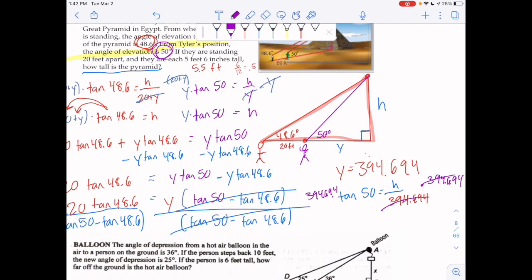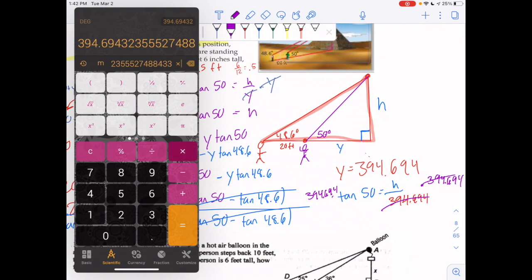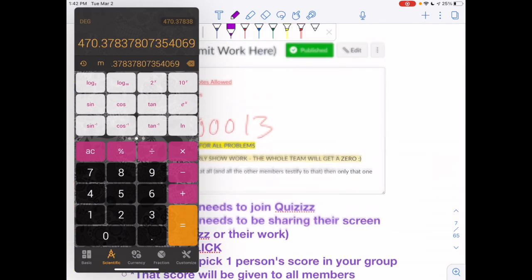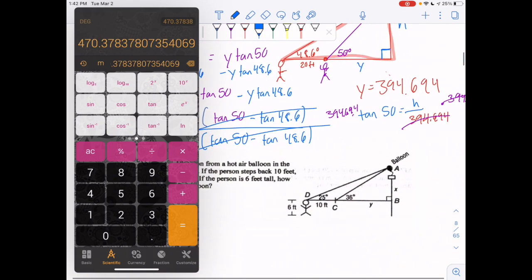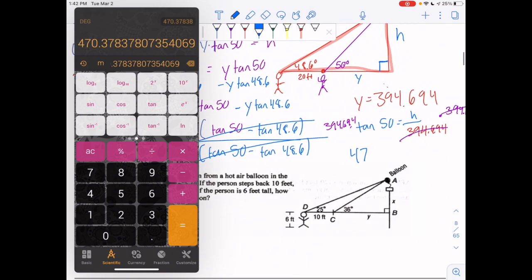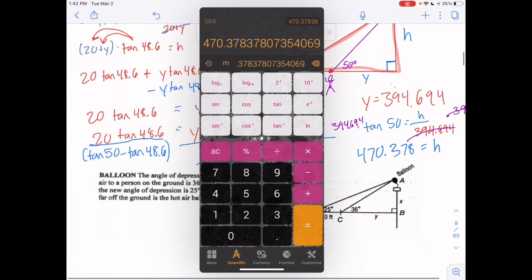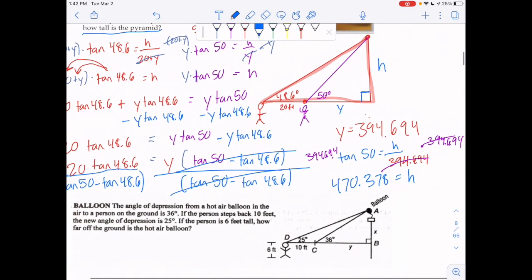Cancel. Your h should be, plug that in your calculator, 394.694 times 50 tangent. It should be 470.378. That's your height.